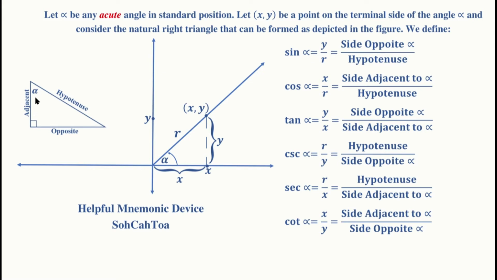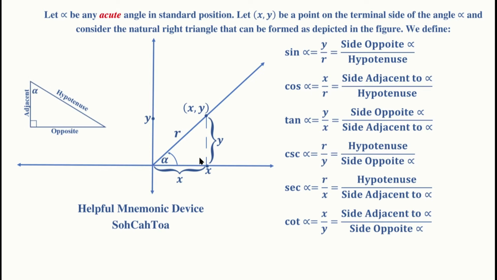So we can say that the sine of alpha is opposite over hypotenuse. Okay, side opposite over hypotenuse. Now in this case, of course, it's still consistent with that. So even if it were in standard position, it would work the same way. So you'd get y over r. Notice that is opposite over hypotenuse. Cosine of alpha will be defined as the side adjacent over hypotenuse.